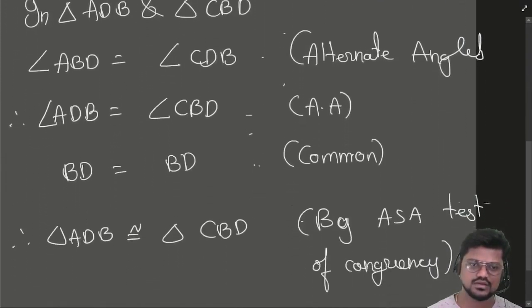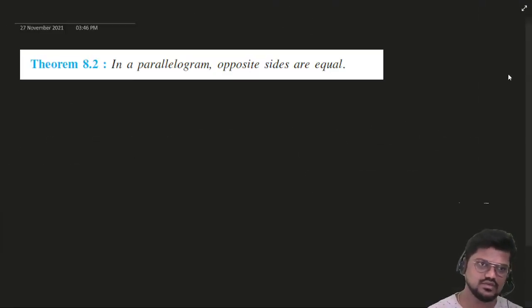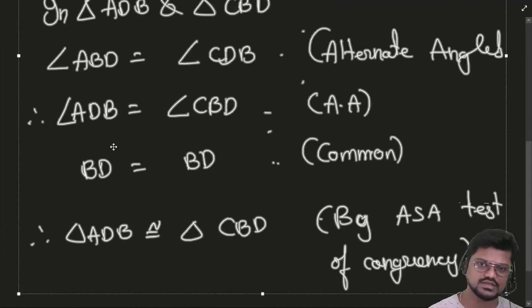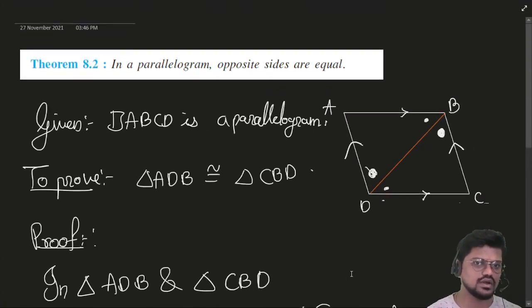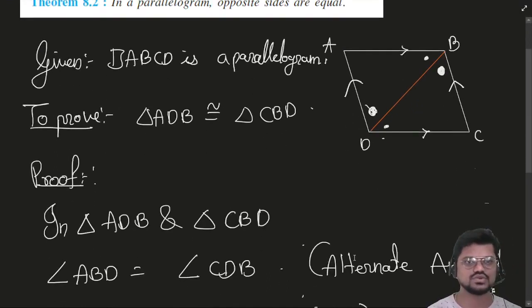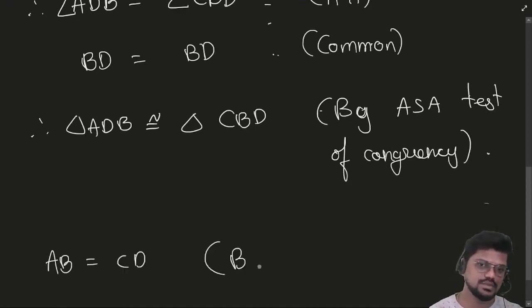Including all this, we have already proved that the two triangles are congruent. Now since the two triangles are congruent, their corresponding sides will be equal. Yes or no? So therefore AB will be equal to CD by CPCT, corresponding parts of congruent triangles.